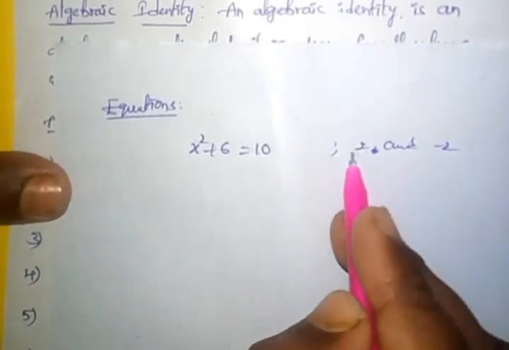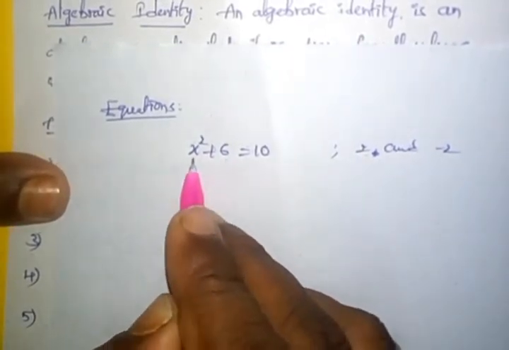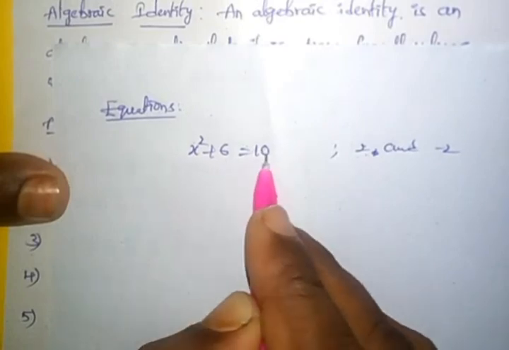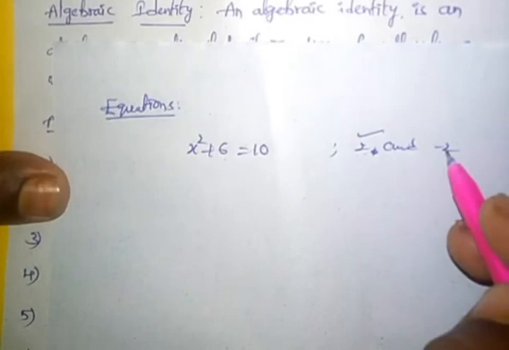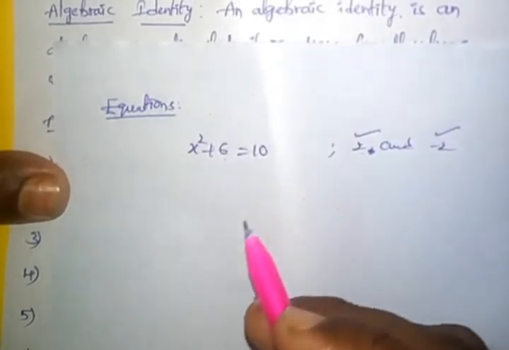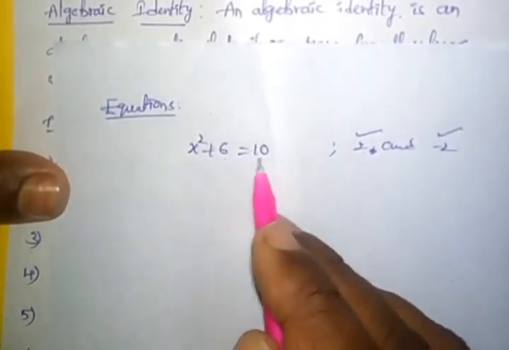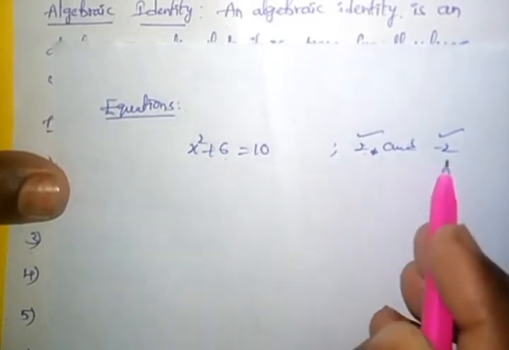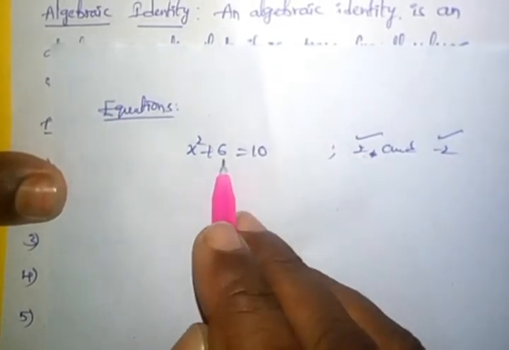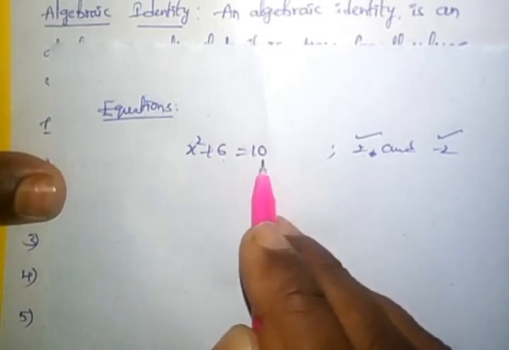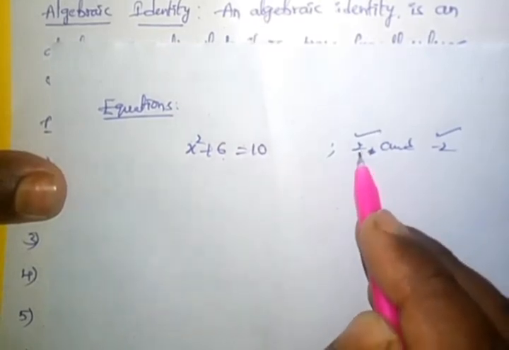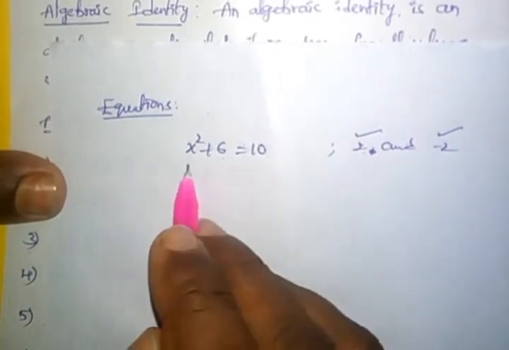Okay, if you take 2, 2 square plus 6 equal to 2 square means 4 plus 6, 10, equal to 10. This is true for the value 2. And if you take minus 2, then also it is true for the equation. Minus 2 square means 4 plus 6, 10, equal to 10. So these two values satisfy the equation.